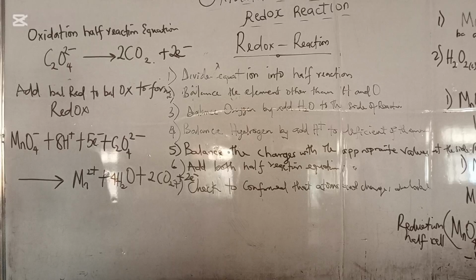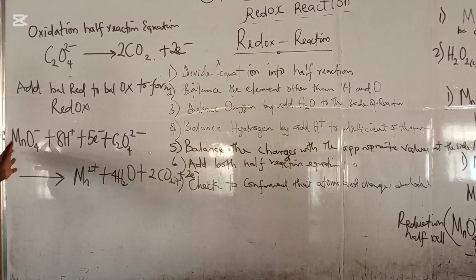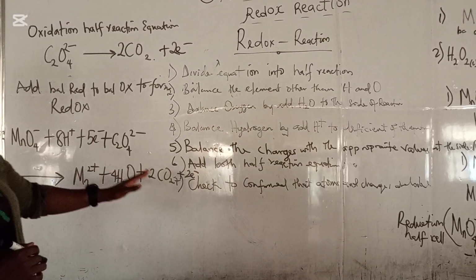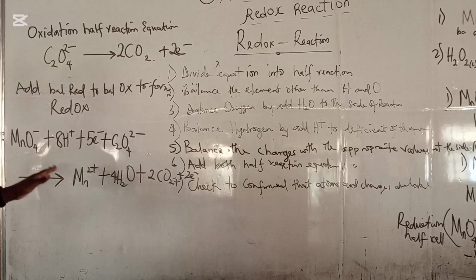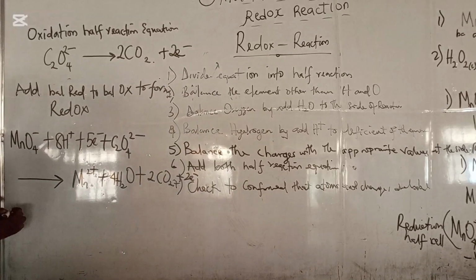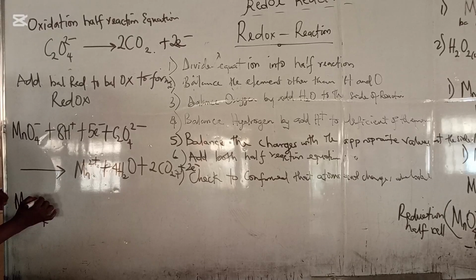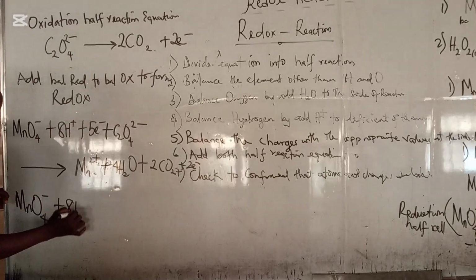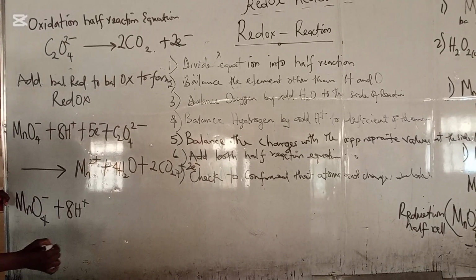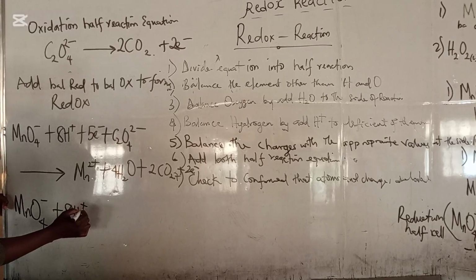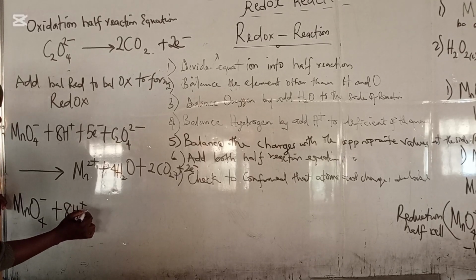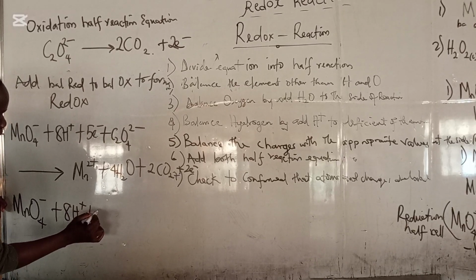So you look at it, which of them are the common terms? There is no common term here. Since there is no common term here, you simply add them to form your redox reaction, plus 8H plus.